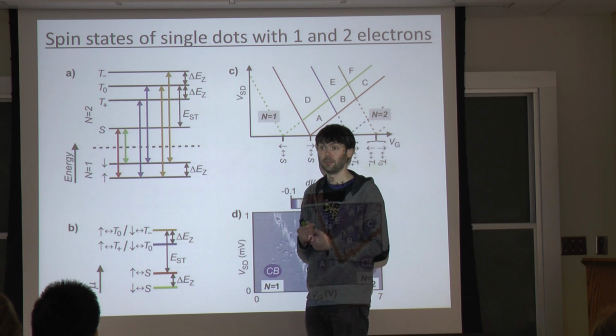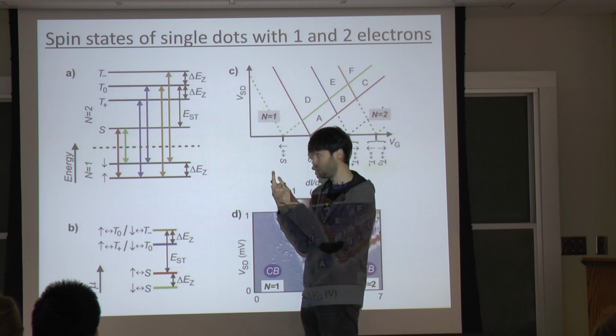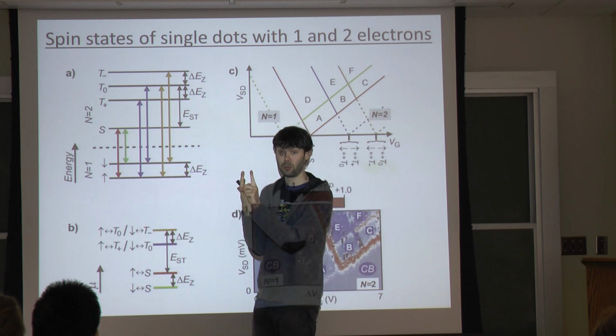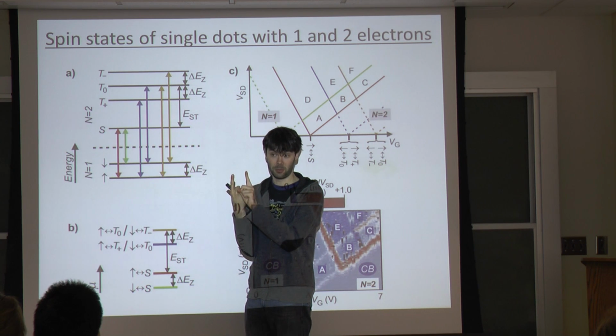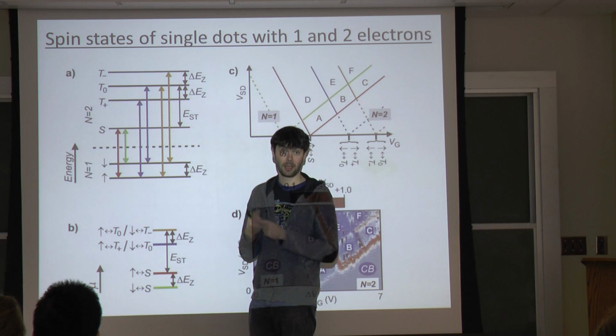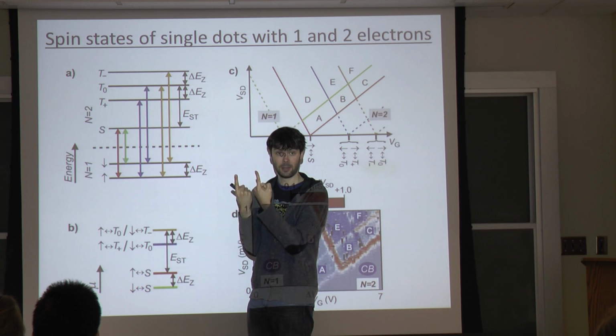And we can also arrange these spins in a triplet like that, right? But those two electrons will not be able to sit on the lowest orbital because of the Pauli principle. So the Pauli principle says that two electrons with the same quantum numbers cannot happen. So two electrons with the same orbital and the same spin is not allowed.